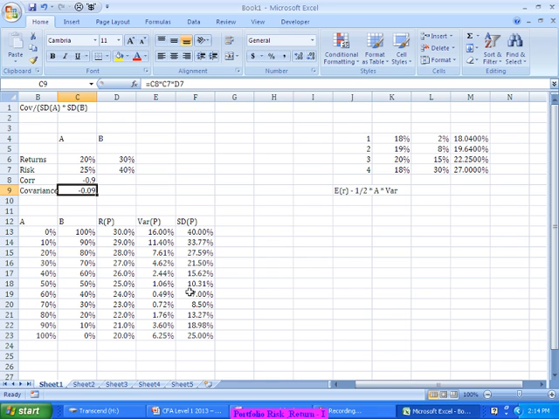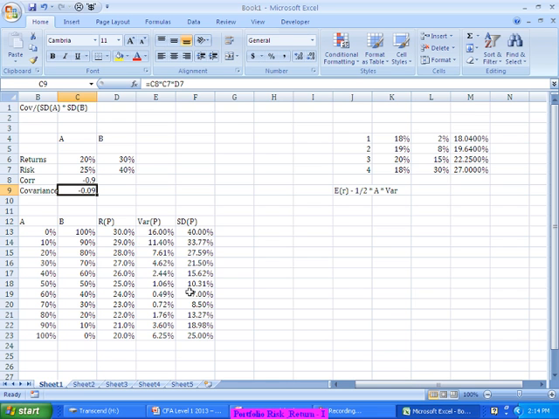Which means if you are able to choose 2 securities in the market whose correlations are close to -1, you can create a scenario where the risk of the portfolio is 0. This is what the concept of hedge funds is.